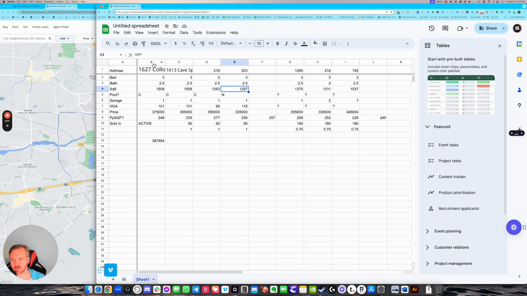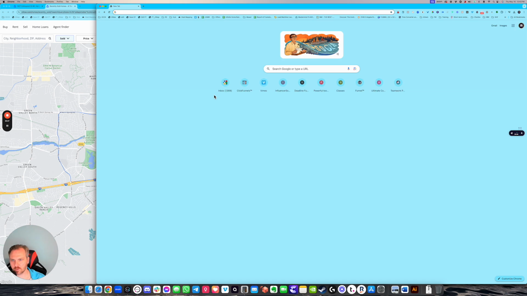So you never subtract from your property, you always subtract or add based on the other properties to make them look similar to what your property would look like. So what would I do to be able to add an extra bedroom and get it up to approximately 1,508 square feet? Oops.